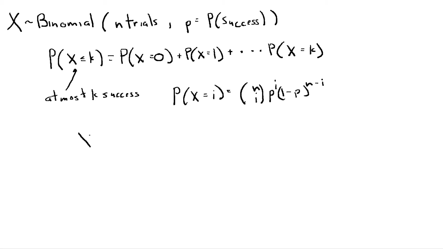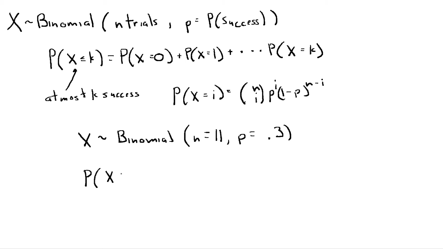As an example, let's say x is going to be a binomial with n equaling 11 trials and a probability of success equaling 0.3. So x is going to count the number of successes in 11 trials, and we want to compute the probability that we have at most 2 successes. So x is less than or equal to 2.